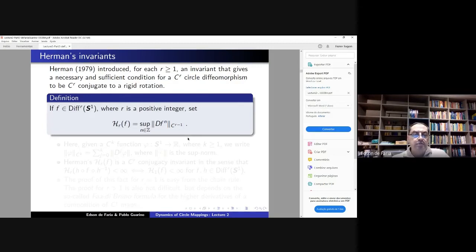You take your map, which you know is C^r. You look at its iterates, f^n, positive and negative, going backwards and forwards. And you look at the C^(r-1) norm of the derivatives of these iterates and take the supremum over all possible iterates. So that gives you an extended positive number. It could be infinity in principle.